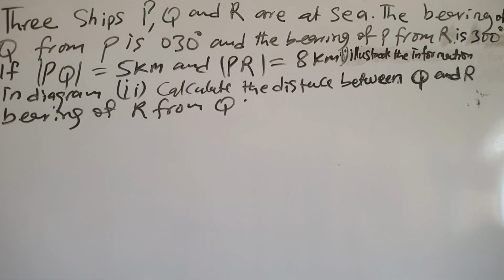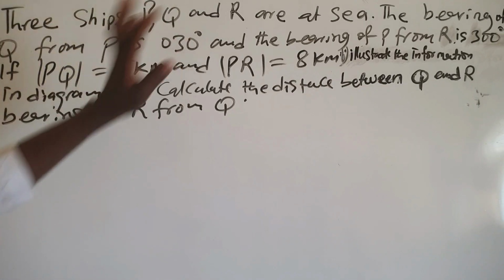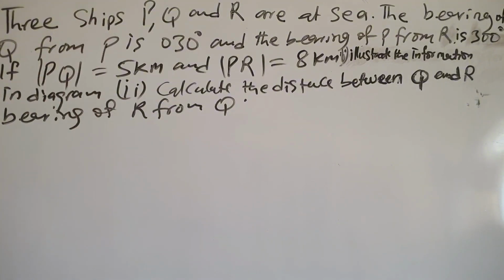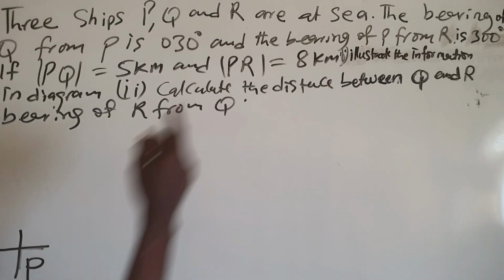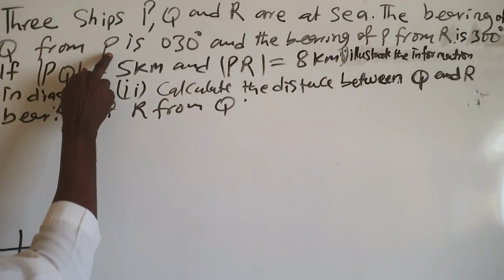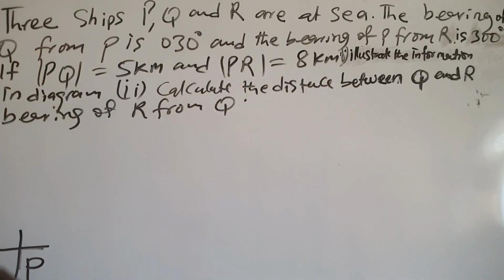Now this was another technical question from bearing and distances, okay? We say that we have 3 ships. This place is the position of the first ship, which is ship P. Now they say these 3 ships are at sea. Then the bearing of Q from P, okay?